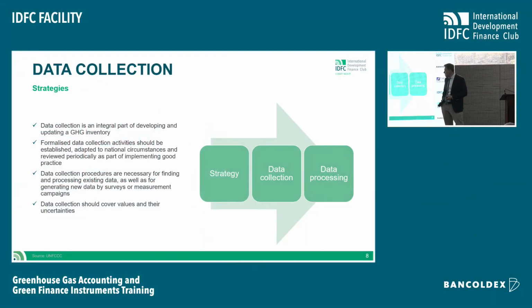So, different strategies. Of course, you need to align the strategy to a particular scope. Scope 1 and 2, as I said, from my point of view, is quite easy.